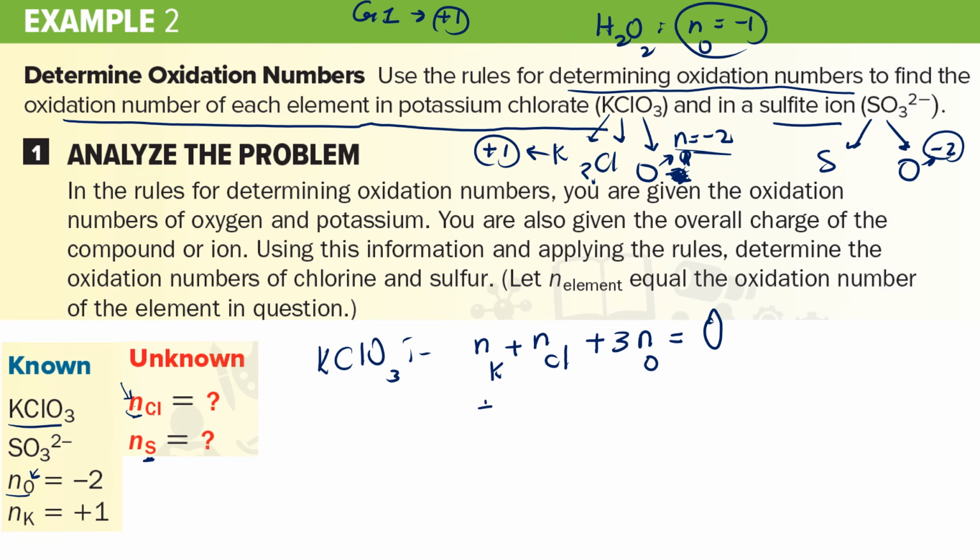NK is +1. NCl we don't know. NO we know is -2, times 3, so 3 times -2 means -6, right? So +1 plus NCl minus 6 equals 0. If we solve the equation, NCl equals +5.